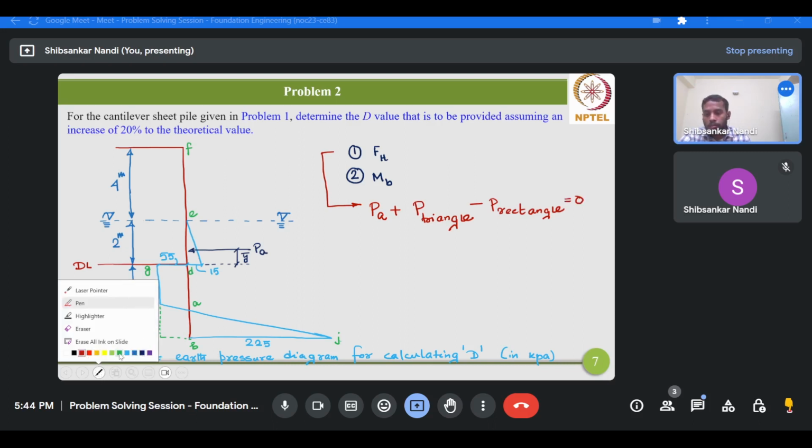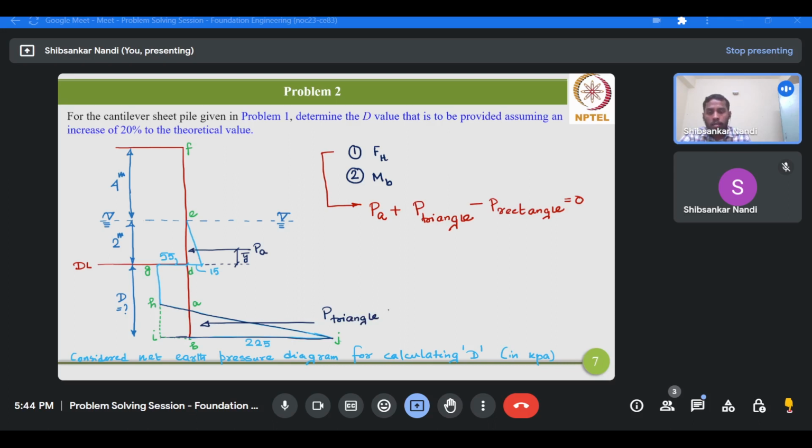Because this triangle right now we are considering, so we are taking the resultant of this triangular distribution as the P triangle.